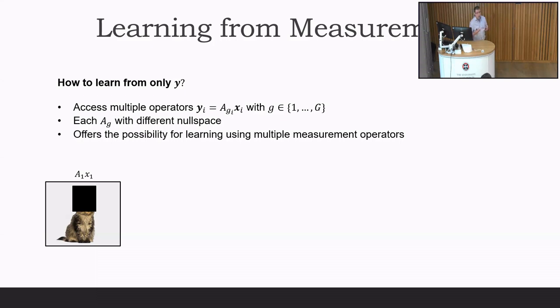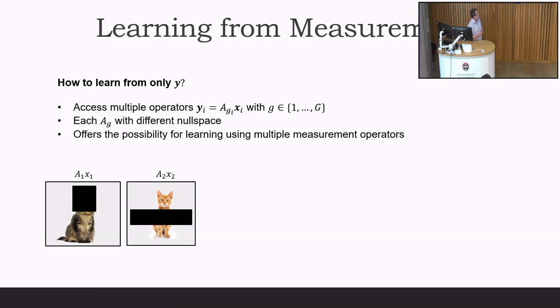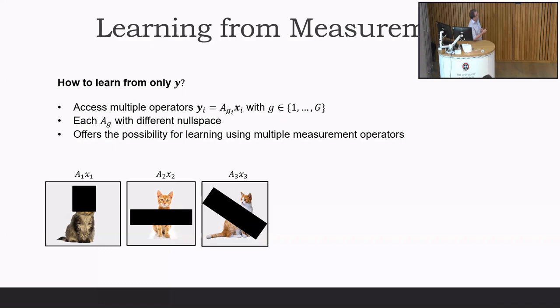To give you an intuitive picture with respect to a standard in-painting problem, here I have a sample of a cat with some missing data. If my other sample had different missing data, so here we're missing this stripe, now we miss a different bit for this one.